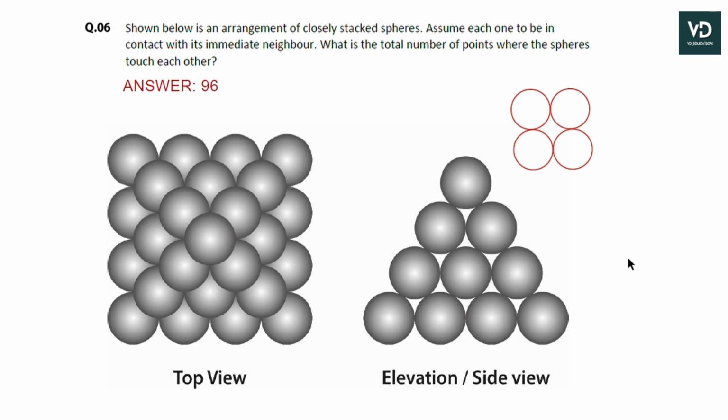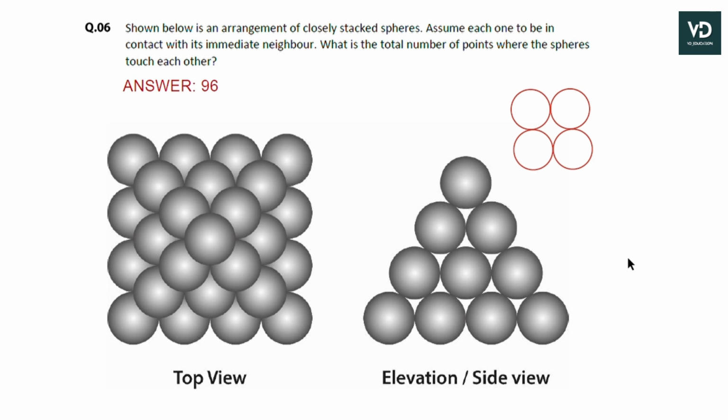So sixth question is shown below is the arrangement of closely stacked spheres. Assume each one to be in contact with its immediate neighbor. What is the total number of points where spheres touch each other?